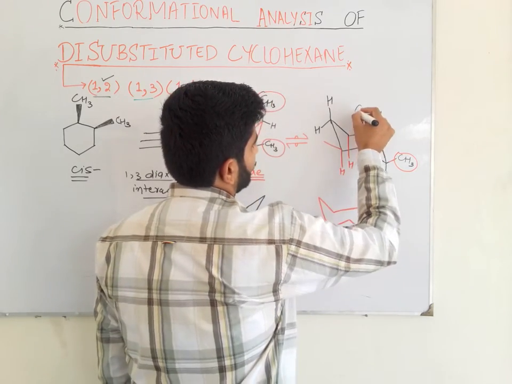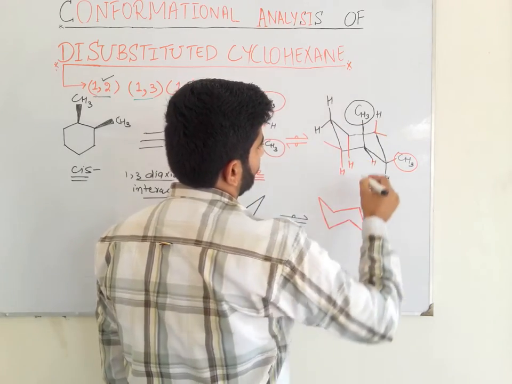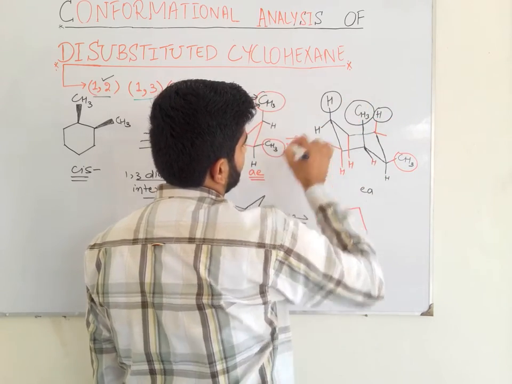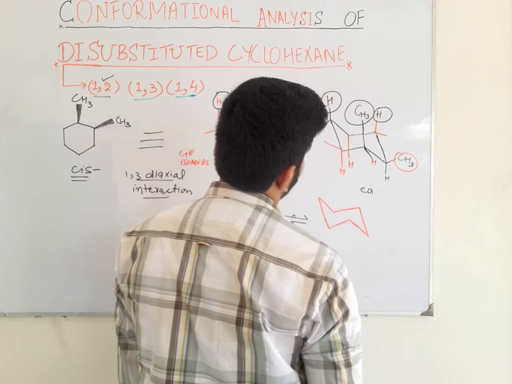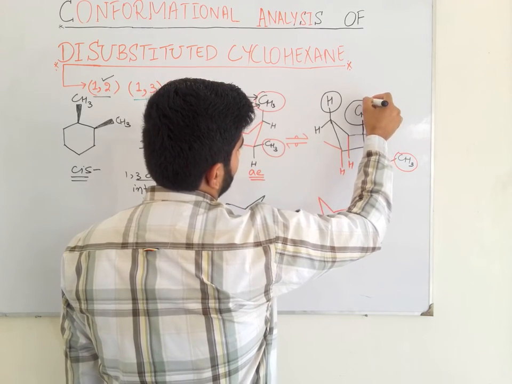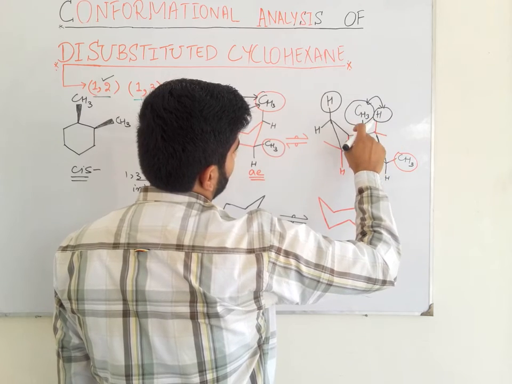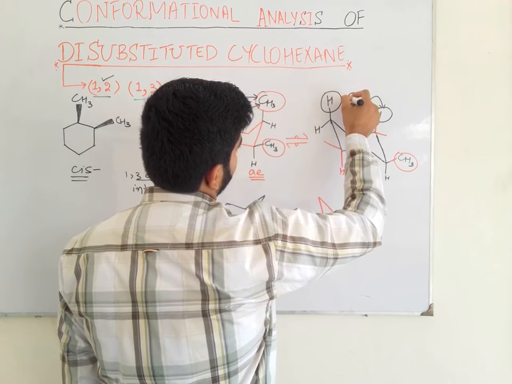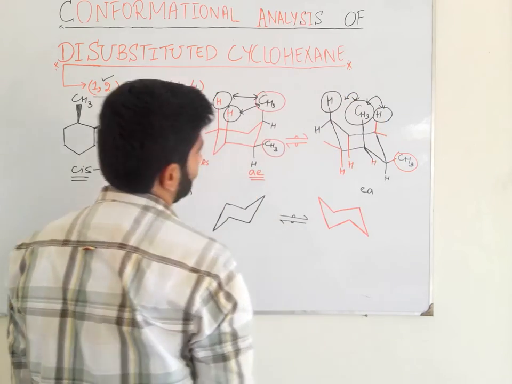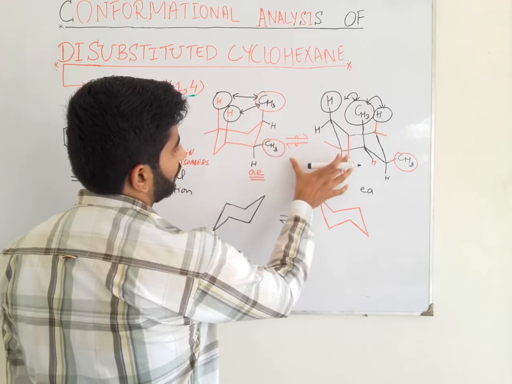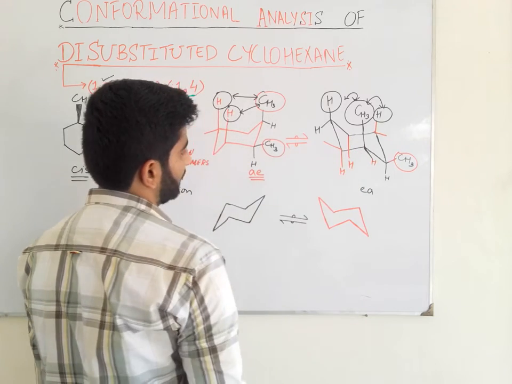this is a bulky methyl group and this is an axial hydrogen. Here an axial hydrogen is present. Due to the 1,3-diaxial interaction between one methyl group and two diaxial hydrogens, the stability of both conformations is almost the same.